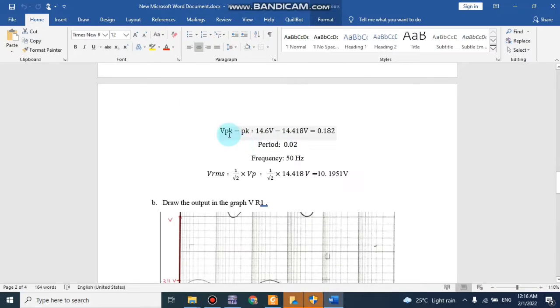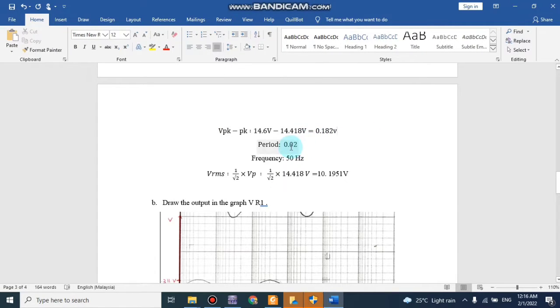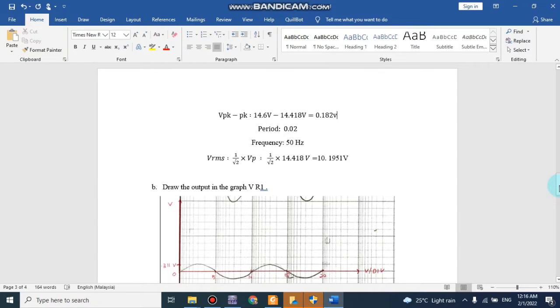So this is the calculation for VPK minus VP. Here the VPK is set to 14.6 as shown in the lab sheet, and then minus VP, 14.418, and we get 0.182 volt. The period is 1 over F, 1 over 50, and it will get 0.02, and the frequency is set to 50 Hz.